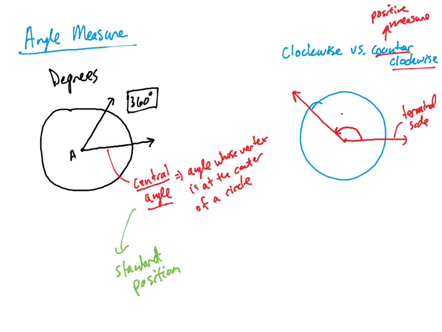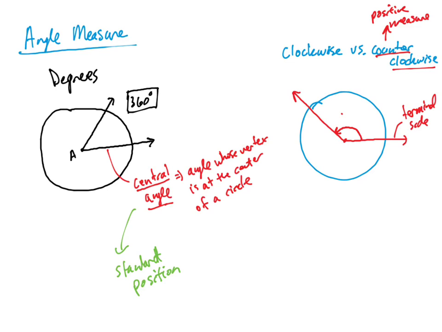We don't know exactly what that measure is, but it looks like it's more than 90 degrees. It's not quite straight, so something between 90 and 180 degrees. So it would make sense for this angle to be 150 degrees, for example.